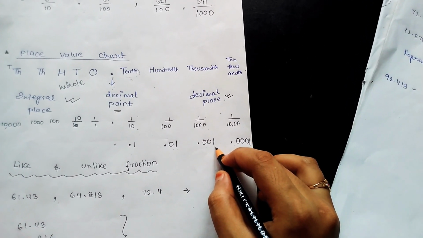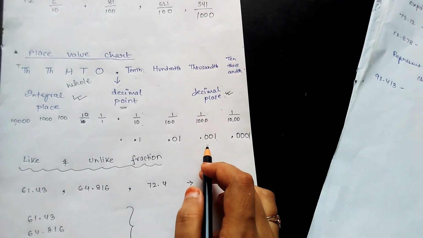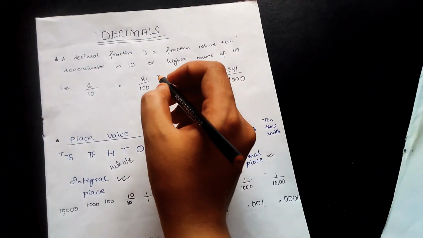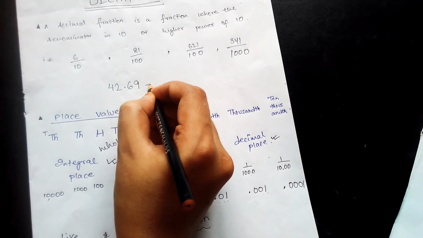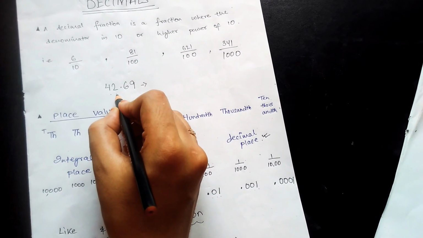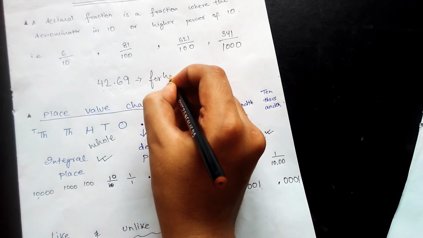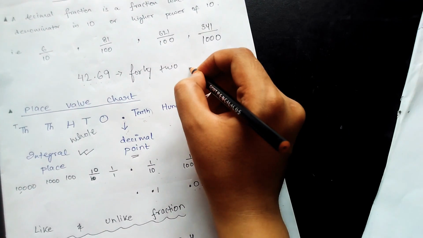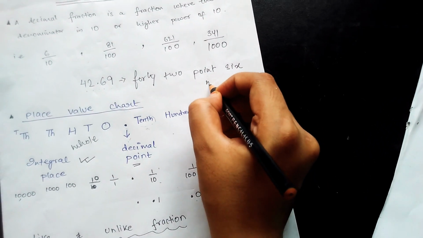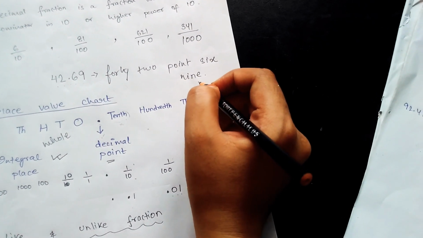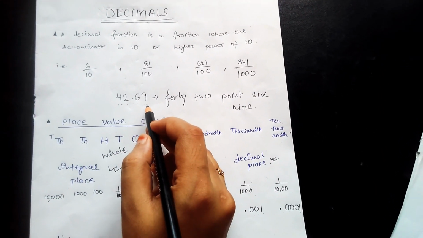Again, I am saying to you, 0.0001, because the numbers which come after the decimal should be called as each individual digit. For example, if I am saying 42.69, we will say 42 point six nine, not 42 point sixty-nine.